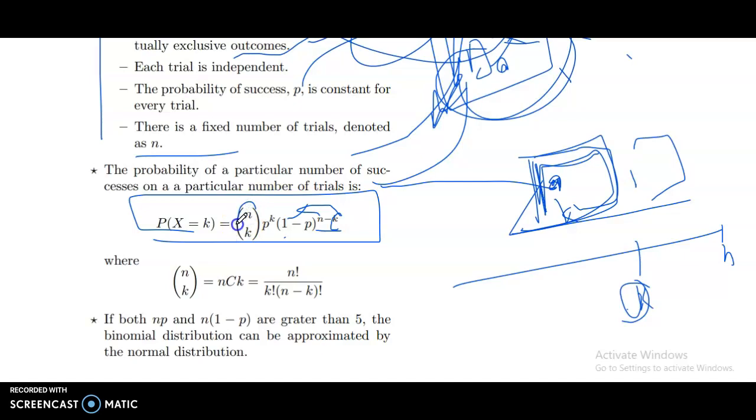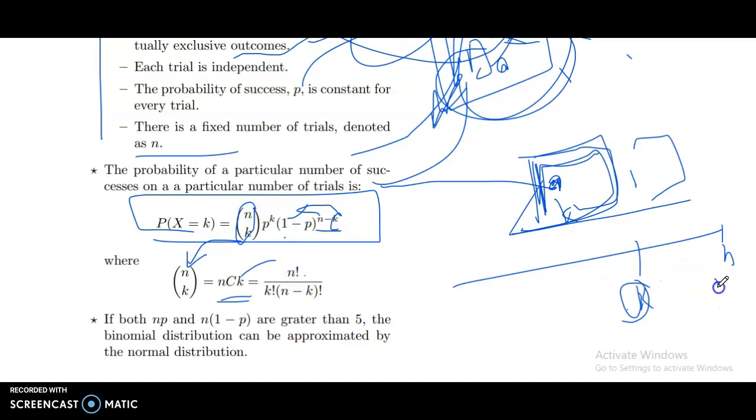How do you get n C k? n C k equals n factorial divided by k factorial times n minus k factorial.